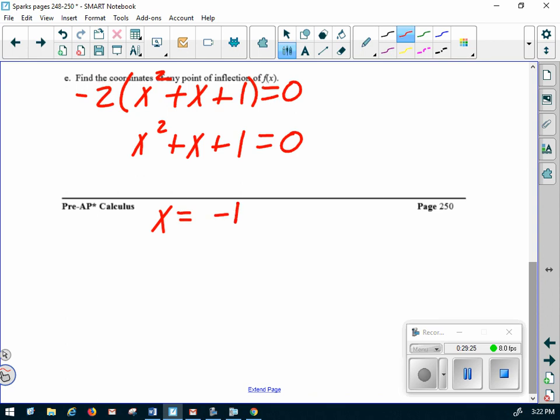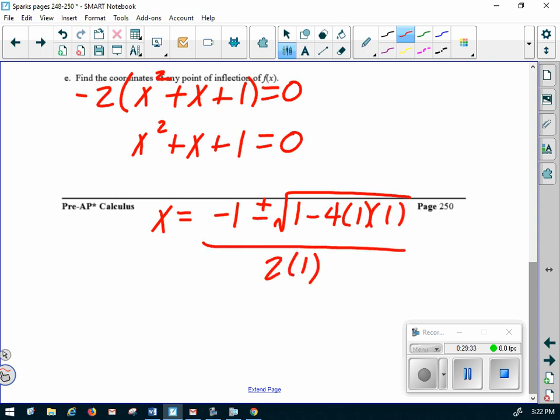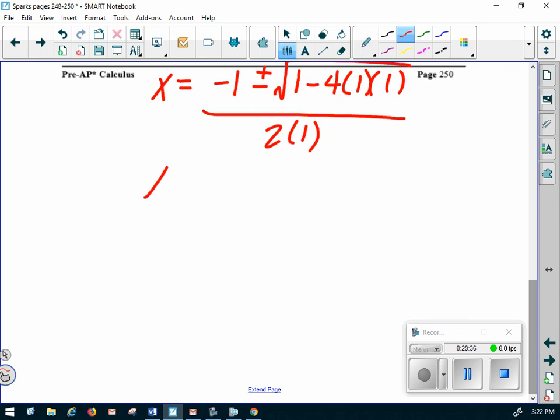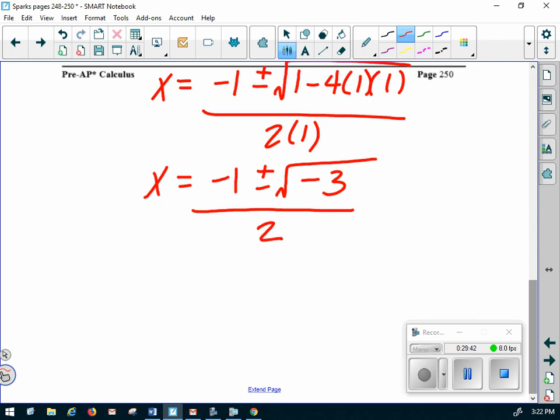x equals -b plus or minus square root of b squared minus 4ac all over 2a. So x equals -1 plus or minus the square root of 1 minus 4. Okay, so x equals -1 plus or minus i times the square root of 3 all over 2.